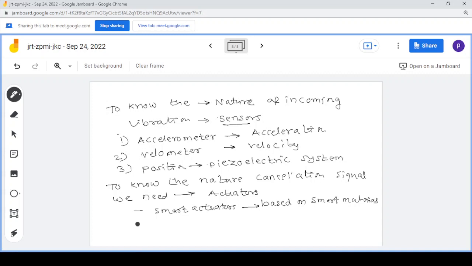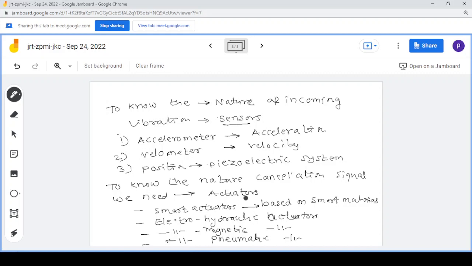Then we can use the electrohydraulic actuators. We can also use electromagnetic actuators, and electro pneumatic actuators for generation of the cancellation signal.